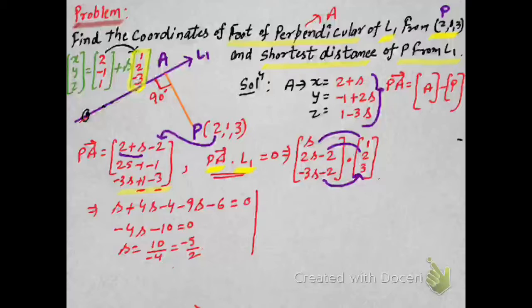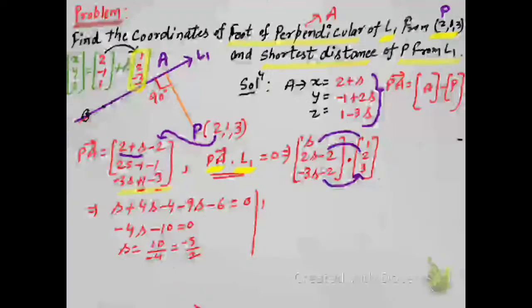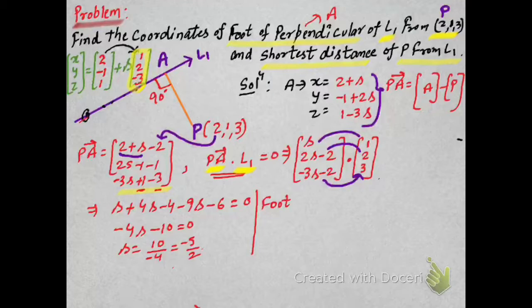Now what is left for us? The first part is the foot of perpendicular. For the foot, we need A, and to find A, I need to plug my value of S into this equation.